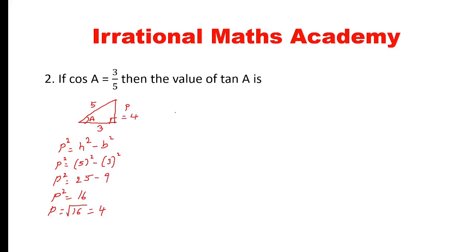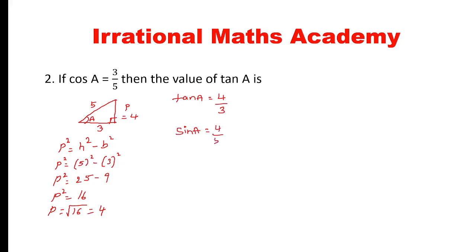Whichever ratio they ask, we are ready to answer it. That is tan A. Tan A is nothing but perpendicular by base. If they ask sin A, perpendicular by hypotenuse, that is 4 by 5.